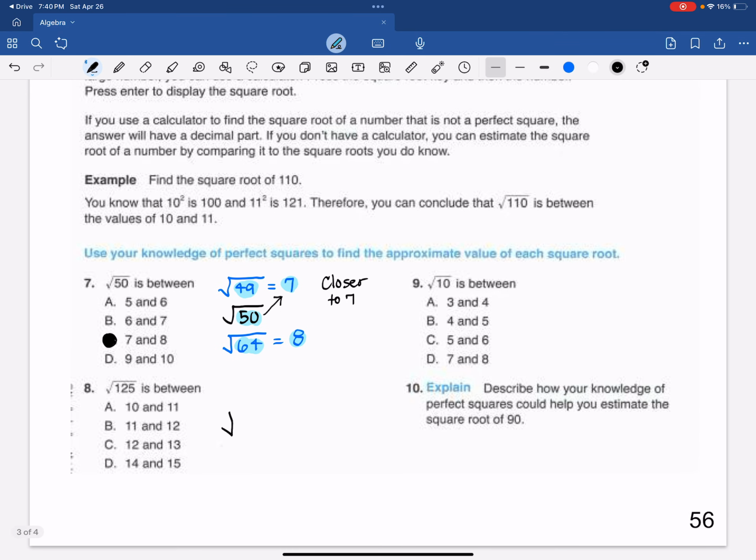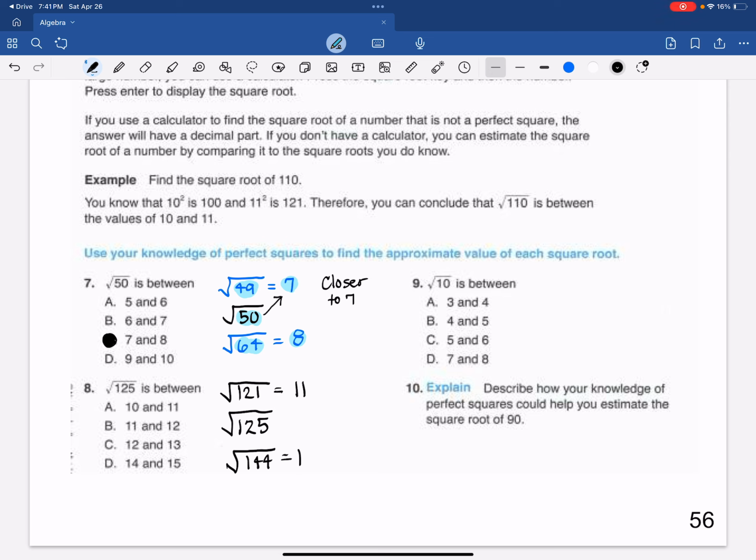The square root of 125. So let's get the two closest ones we can think of. I know 10 squared is 100, but 11 squared is 121, so that's even closer. 12 squared is 144, so that 125 lies between those.